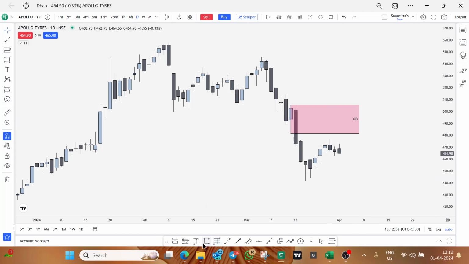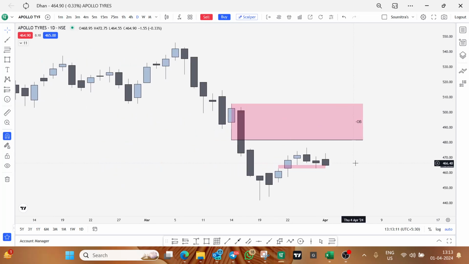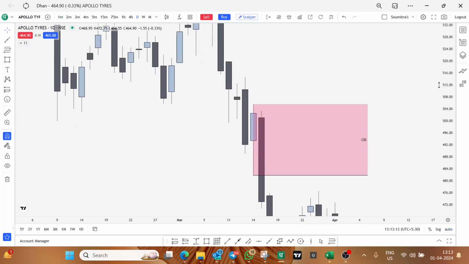Why? Because I just observed that there was an inefficiency here, and the previous day candle was actually getting rejected from here little bit. So I just observed this one, this one.